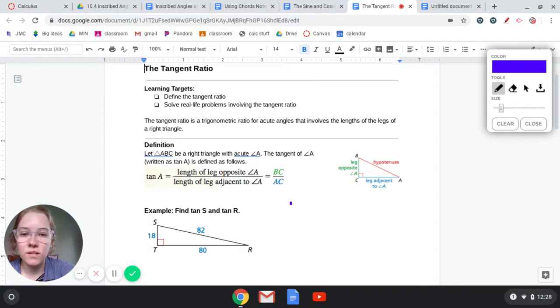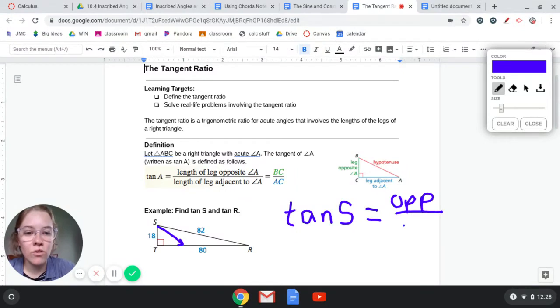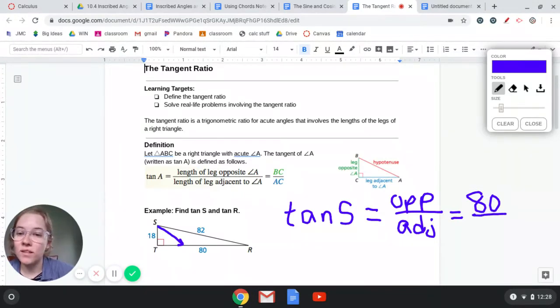Angle S is up at that top right corner, and tangent of S equals the side opposite of S, which is the leg that doesn't touch S. Actually, here, I'll write it: opposite of S over the adjacent side to S. So the opposite side is 80, and the adjacent side is the leg that touches angle S, which is 18.